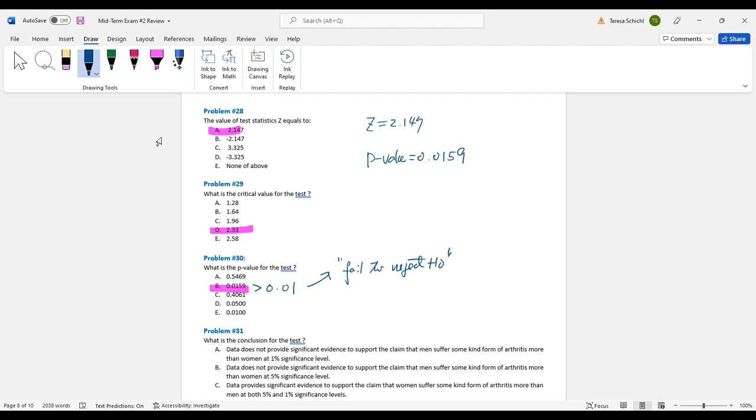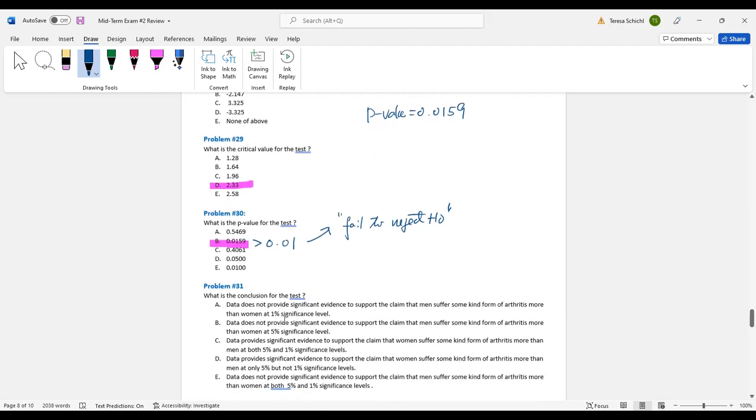Okay, so now let's read. All right, and so here they say the data does not provide significant evidence to support a claim that men suffer some form of arthritis more than women at the 1% significance level. Yeah, that looks like our answer here.